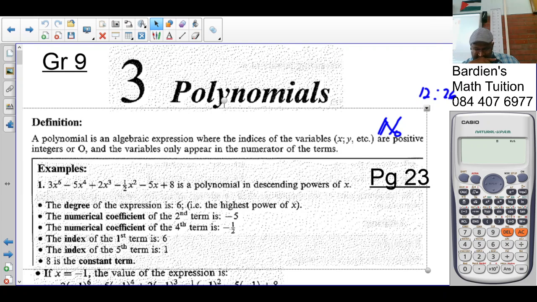Number 6 is 4a to the exponent 4 minus 12a squared b plus 9b squared. Number 8 is negative 2 open brackets 3x minus 5y all squared, and the answer is negative 18x squared plus 60xy minus 50y squared. People, any issues there?